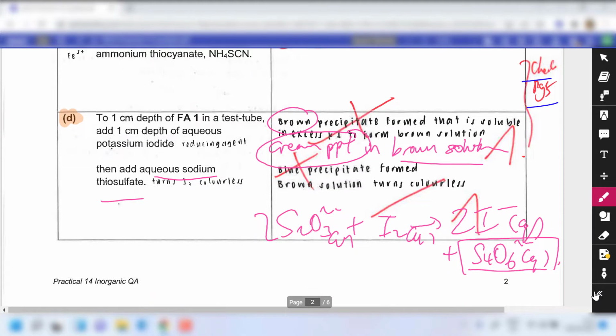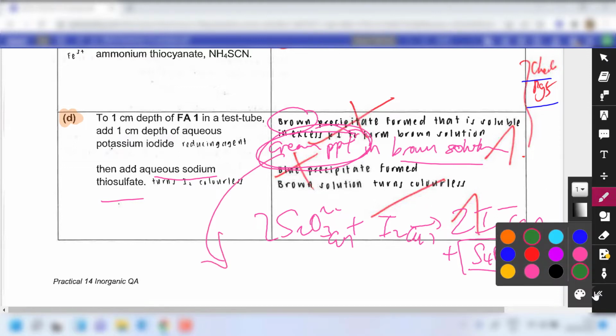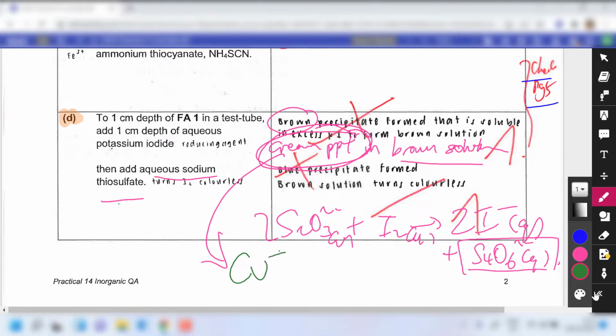As I mentioned, you observe the cream PPT, which if you look it up, is actually copper 1 iodide. This copper 1 iodide will form a complex with thiosulfate.